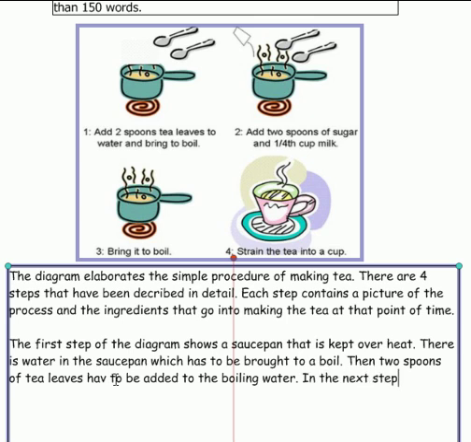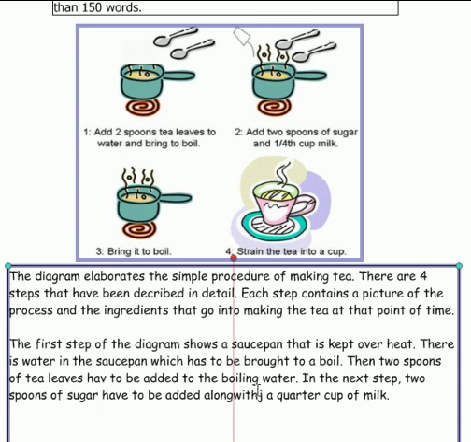In the next step, 2 spoons of sugar have to be added along with a 1/4 cup of milk. Now a 1/4 cup means 1/4.